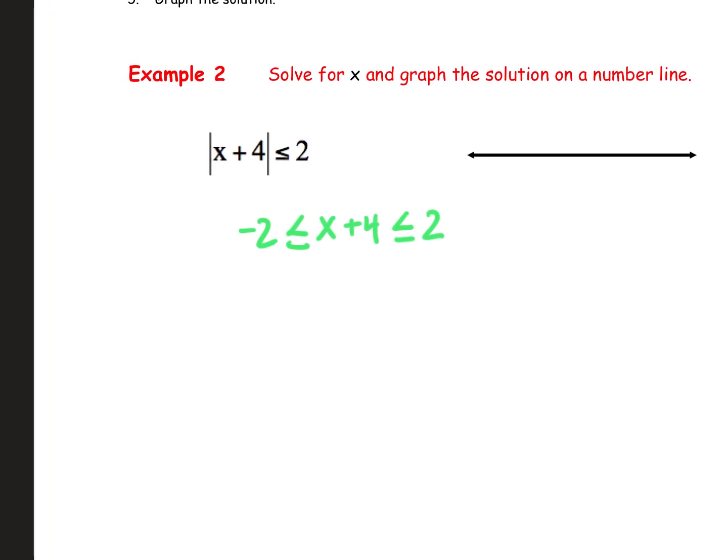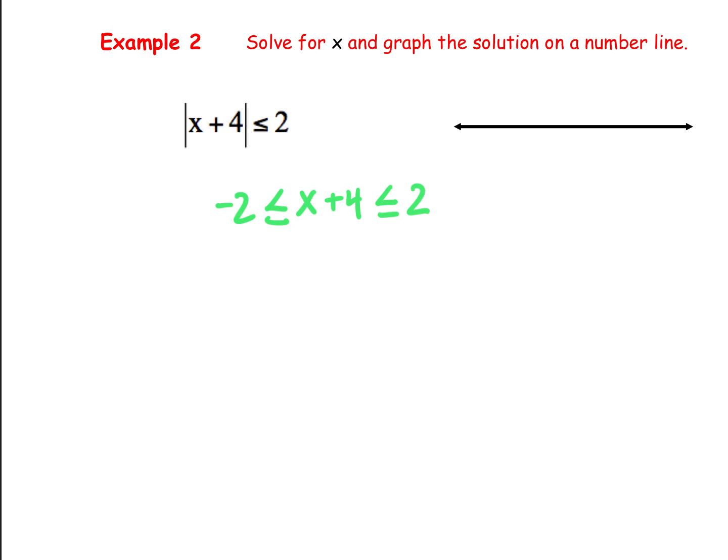And so now that I've rewritten this, I can now solve it just like we solved all the other ones in the past unit lesson. So if I'm going to get x by itself, I need to subtract 4. Whatever I do to the middle area of this compound and inequality, I have to do it to the left and the right as well.